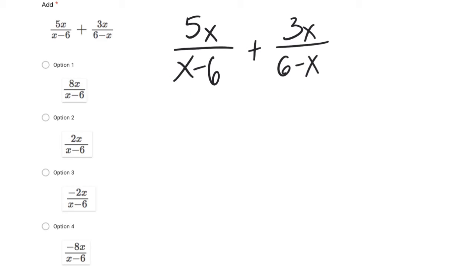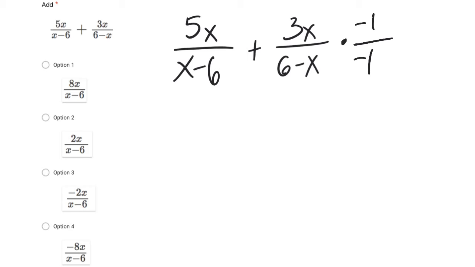All I have to do is multiply the top and bottom on the right one by negative 1. If I multiply them both by negative 1, so the top and bottom both get multiplied by the same thing, I'm not changing the value. It's the same as multiplying the whole thing by 1. So it's just going to give me a different way of writing this.